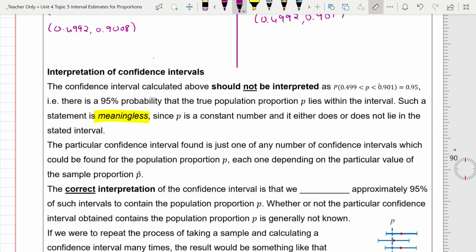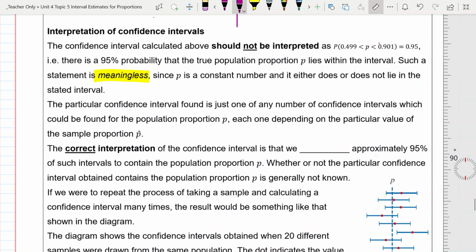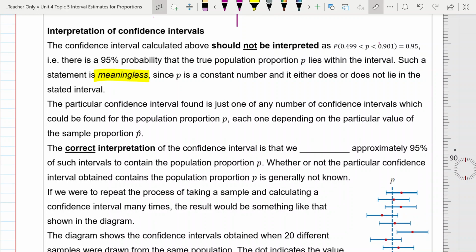So the particular confidence interval that we found is just one of many different confidence intervals which may or may not contain the population proportion. And because for each sample we have a different sample proportion, it will depend on that sample proportion.